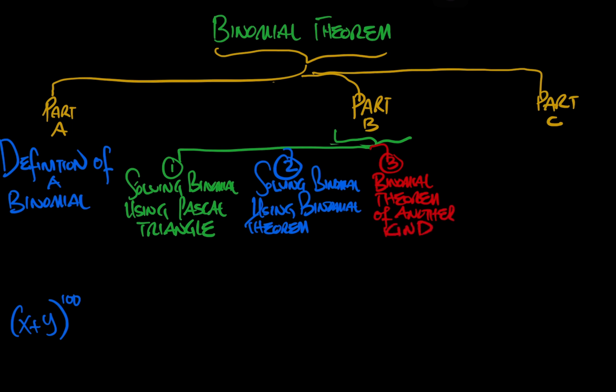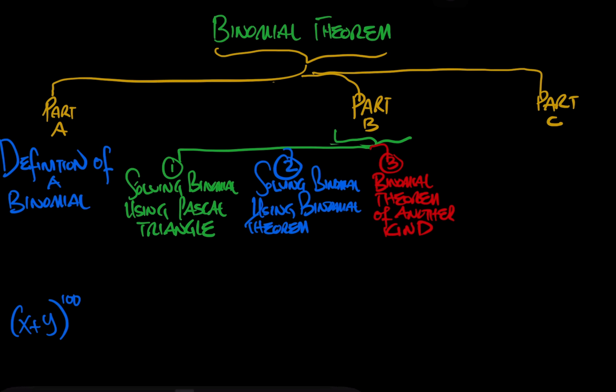So the first one is using a Pascal triangle to solve a binomial. The second one is solving a binomial using the binomial theorem. The third one is solving a binomial theorem, but of a different kind.